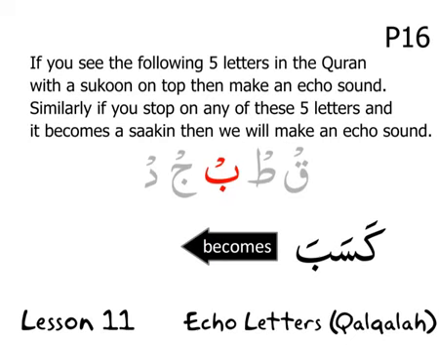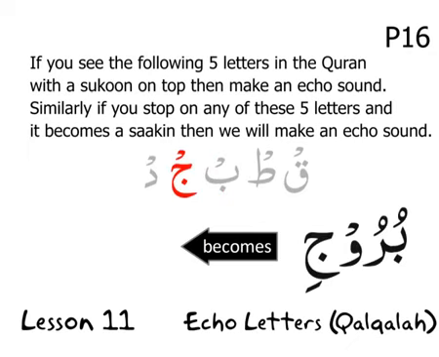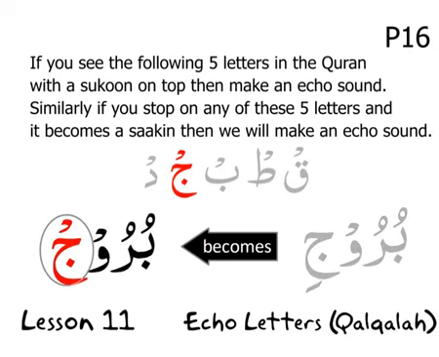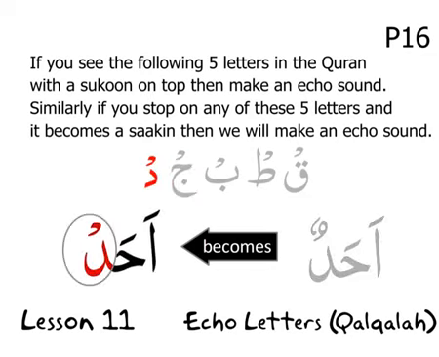Kasaba is the ba example, which becomes kasab. Listen out for the echoes. Buruji is the example for the jim, it becomes buruj. And the last one, the example for dal, ahadun, becomes ahad.